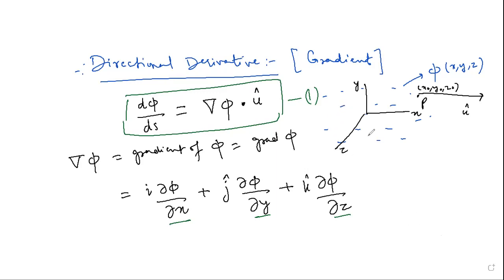Now, when we consider this field phi or any field, we can connect those points having the same value of phi. So we get surfaces of constant phi, or we call them contours. I repeat, in the scalar field phi, there may be many points at which phi has the same value.